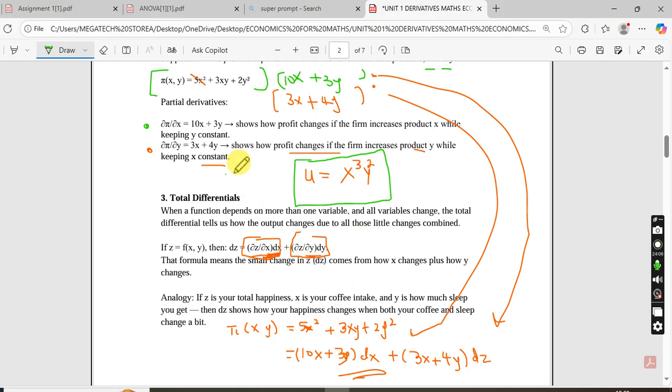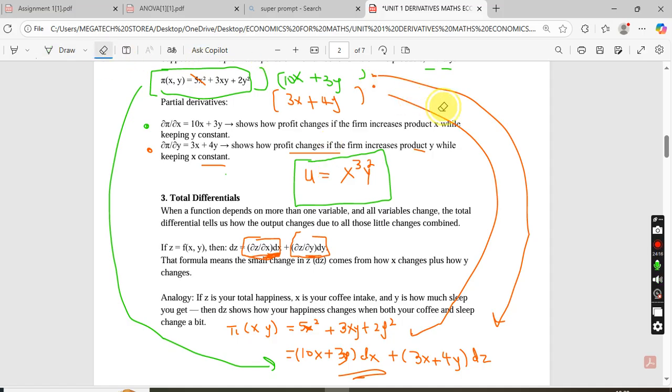No, we found the total derivative of this one here. Okay, the network is breaking. Maybe I just missed that. Has anyone else found the total derivative of this function here? So we're finding the total derivative of the one you've just written, u equals x cubed y squared.